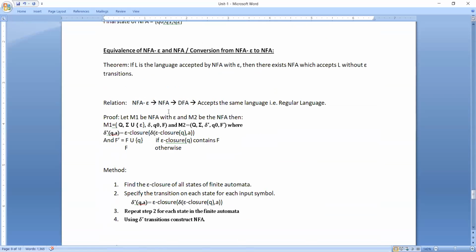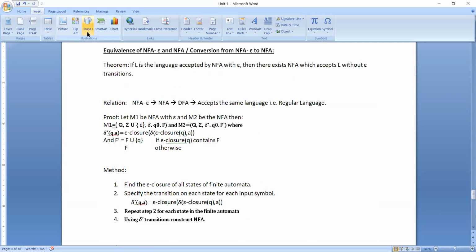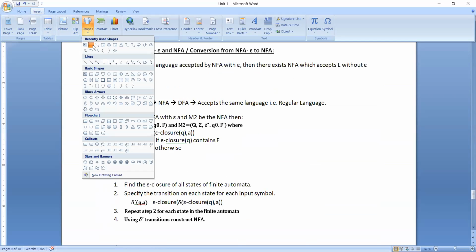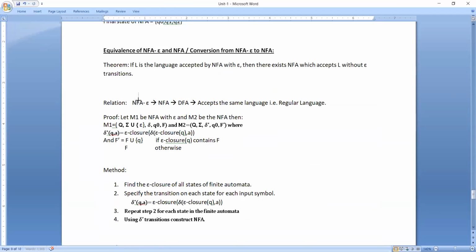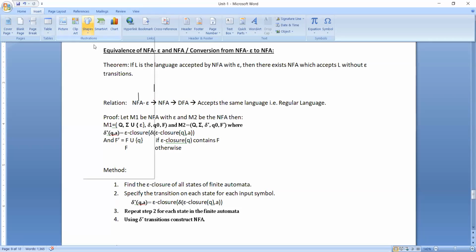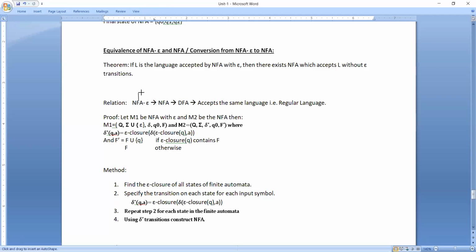From NFA, it is possible for us to construct the DFA also.